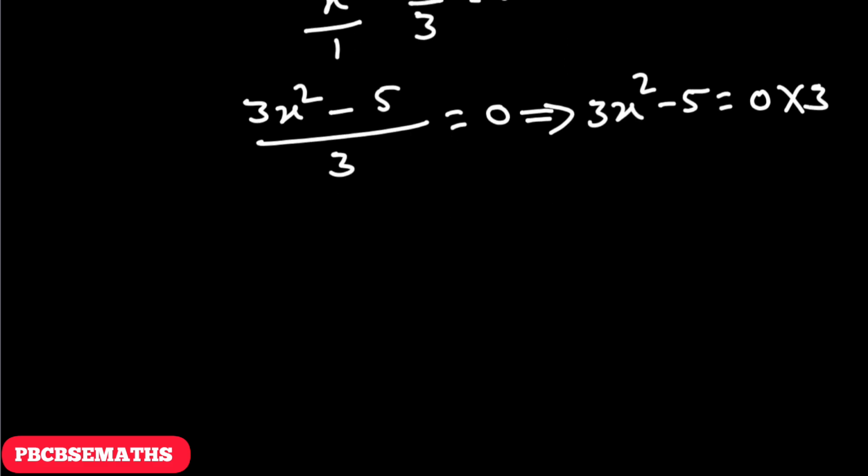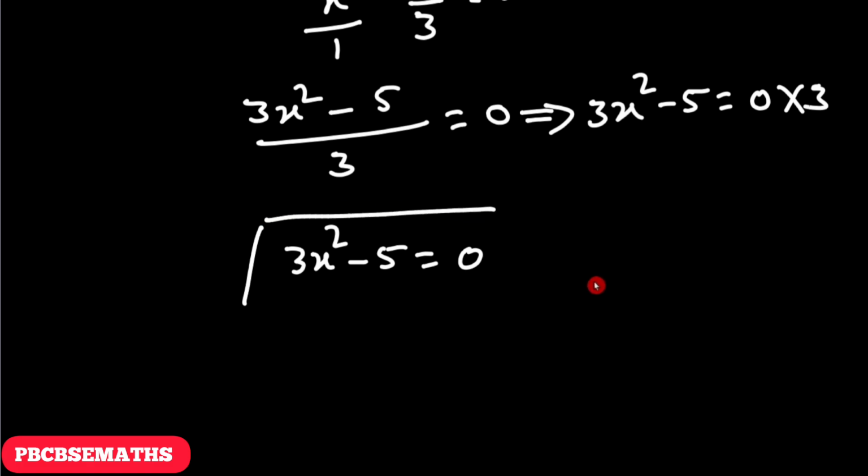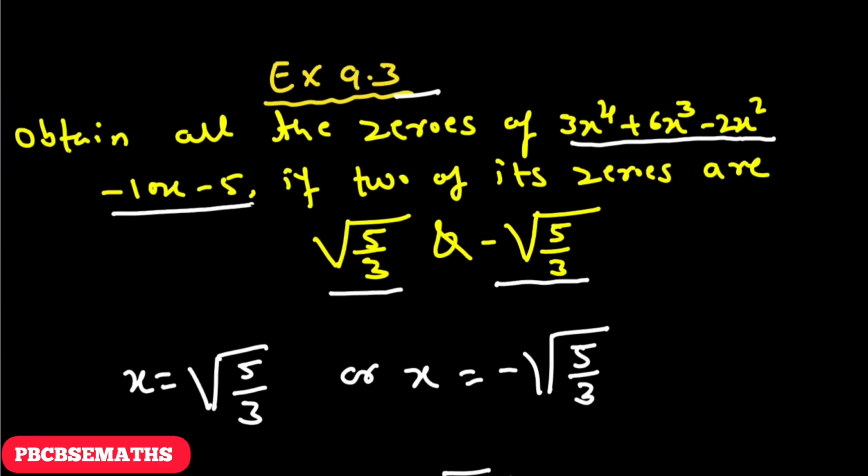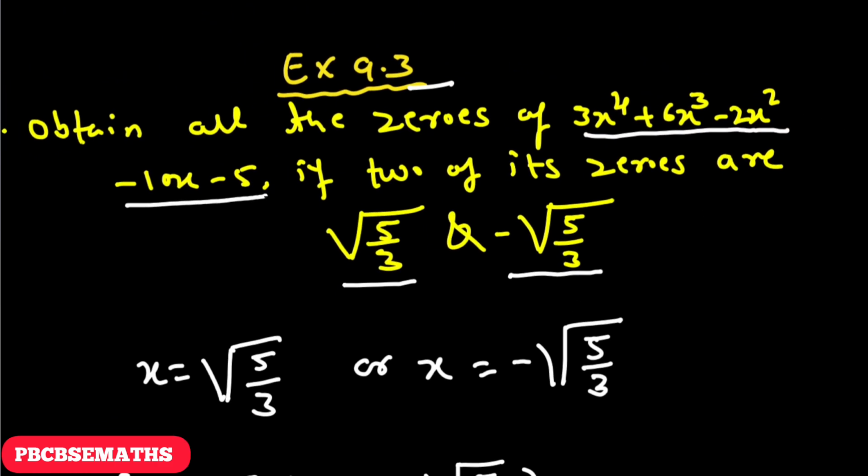So at the end, we can write 3x square minus 5 equals 0 into 3, which gives us 0. So this quadratic polynomial 3x square minus 5 is one of the factors of this given polynomial 3x to the power 4 plus 6x cube minus 2x square minus 10x minus 5.